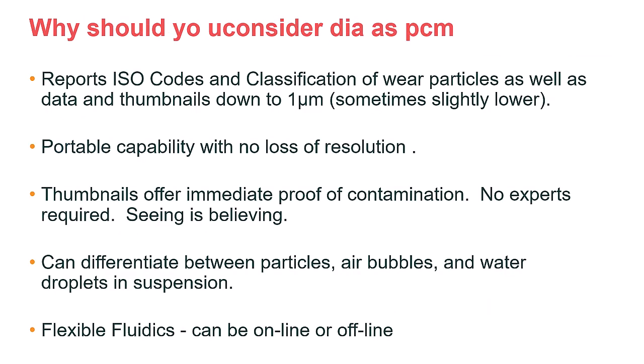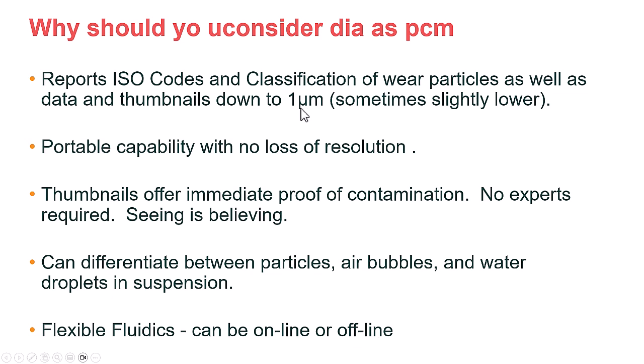Ultimately, should you consider dynamic imaging for particle contamination monitoring? It depends. It will give you the ISO codes and classification for particles all the way down to a micron, sometimes a little lower than that. It gives you the ability to be portable without the loss of resolution.